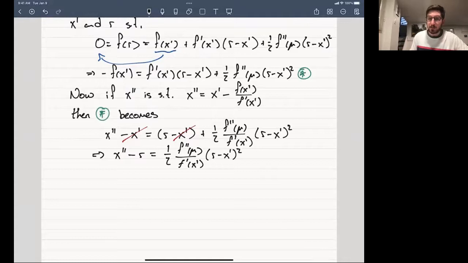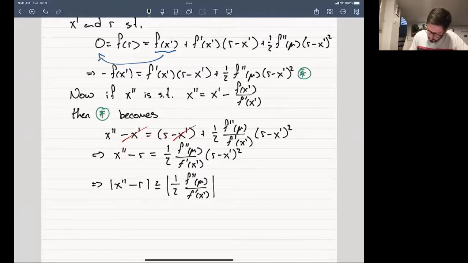Well, now we can slap some absolute values around this thing. So I get the distance, x double prime minus r, is less than or equal to 1/2 f double prime of mu divided by f prime of x prime, and then r minus x prime squared. This is still equal, actually.